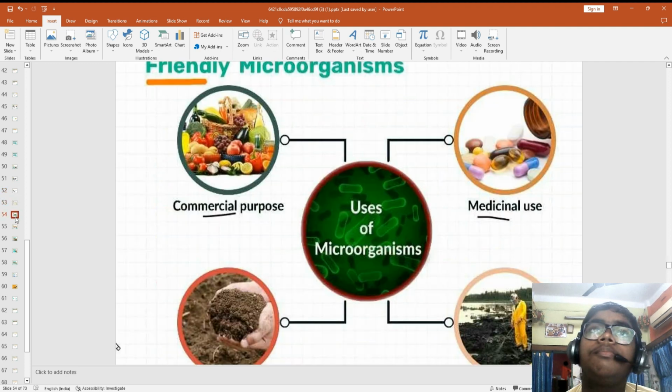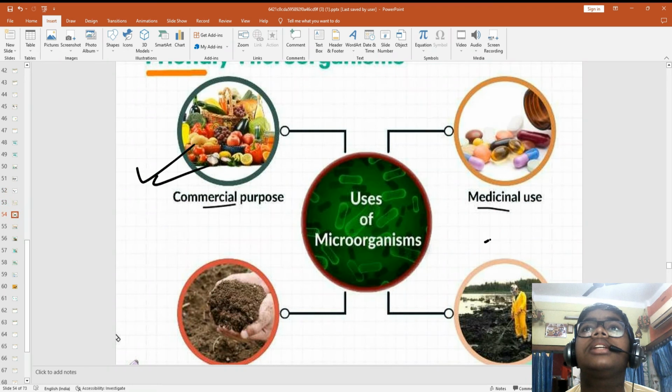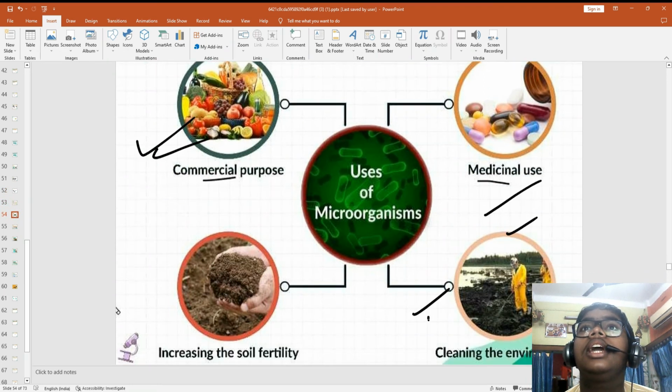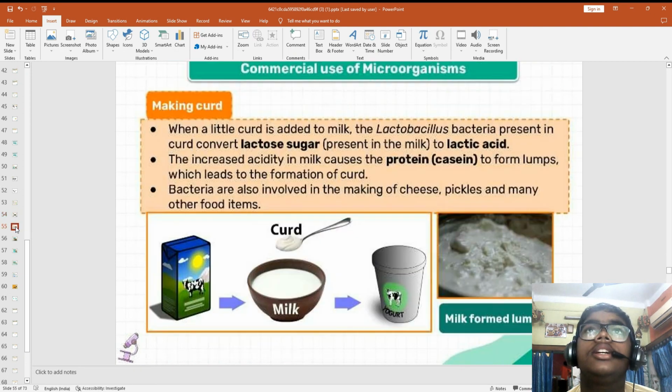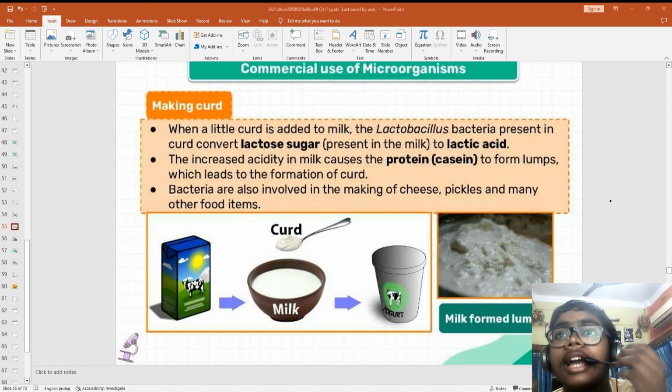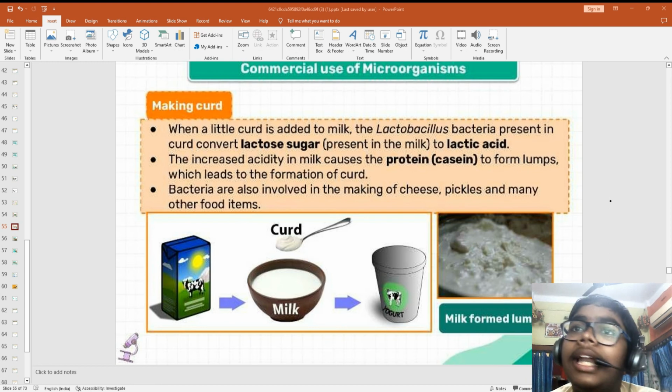Simple. See, the uses are commercial purpose, medicinal purpose, cleaning the environment, and increasing soil fertility. So when the curd is forming, who is converting it? Lactobacillus. The lactose present in the milk is converted to lactic acid by lactobacillus.